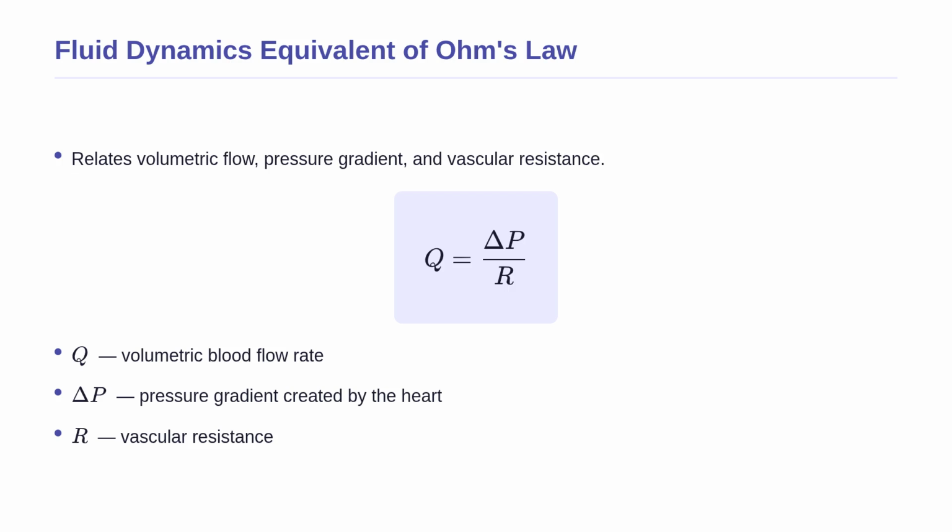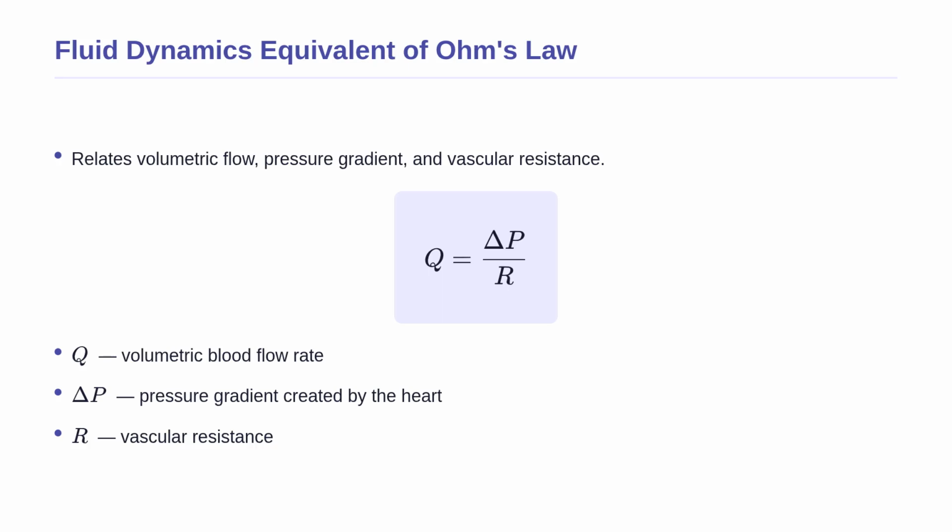To understand how this pressure translates into actual blood delivery, we use the fluid dynamics equivalent of Ohm's law. The formula states that Q equals delta P divided by R. Q represents the volumetric flow rate of the blood, usually measured in milliliters per second.